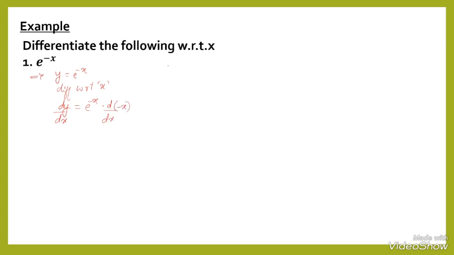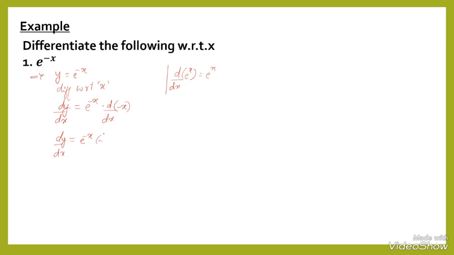We know the result that differentiation of e to the power x is equals to e to the power x. Here in place of x, we have minus x. That's why I'm taking the differentiation again. Now dy by dx is equals to e to the power minus x, and again the differentiation of minus x.